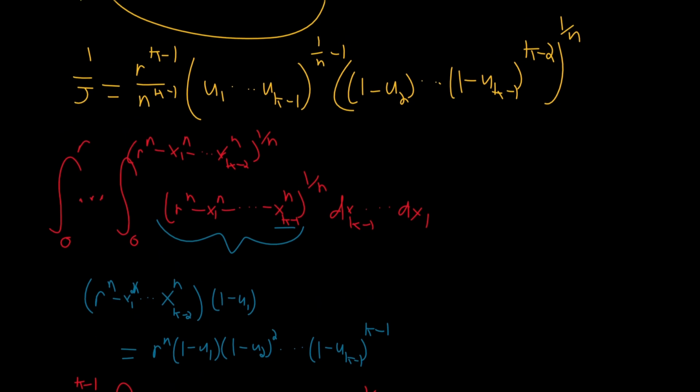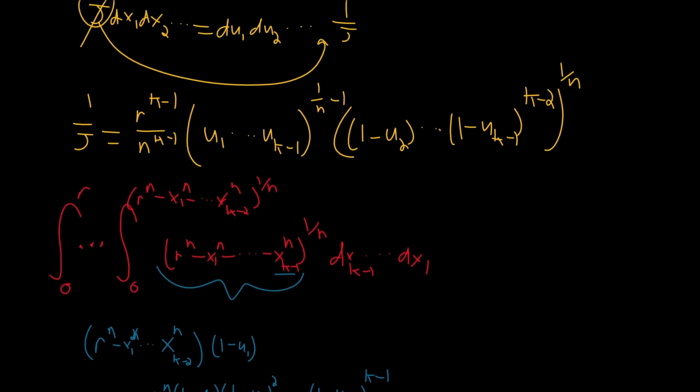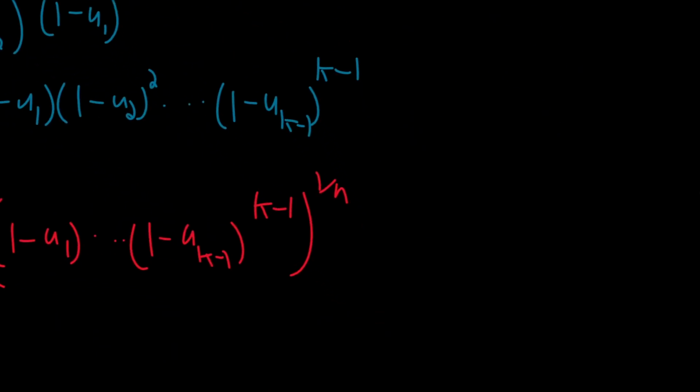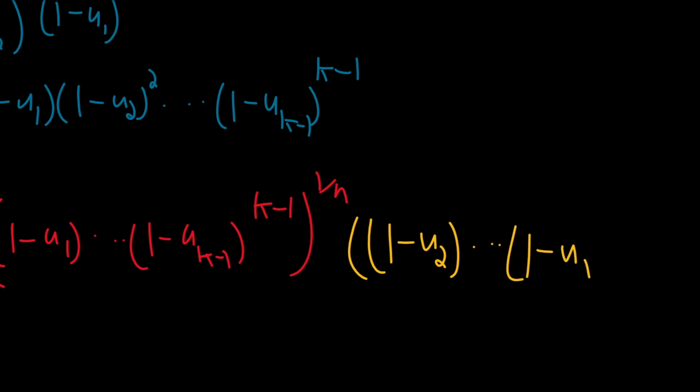I'm going to write all these out first. So we have 1 minus u2, dot, dot, dot, 1 minus u_{k-1} to the k minus 2, and this is all to the 1 over n power as well.